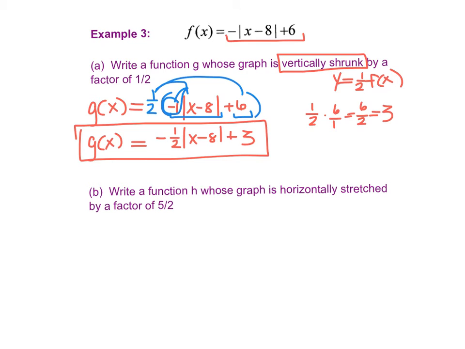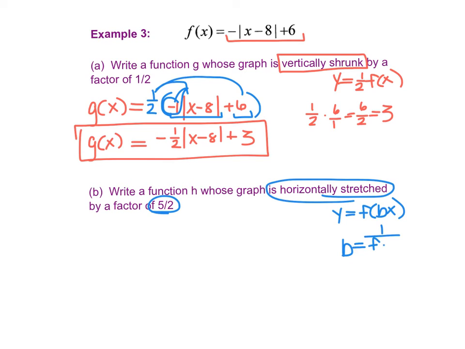So there's our new function, which has a vertical shrink of 1/2. Now from here for our next one, we're going to do a horizontal stretch by a factor of 5/2. Remember, a horizontal stretch is going to have the x value being multiplied by b. And remember, b is calculated by taking 1 over the factor that we have, finding that reciprocal, which in this case is 1 over 5/2.